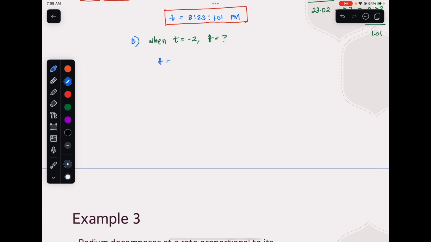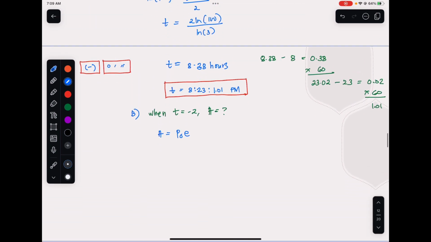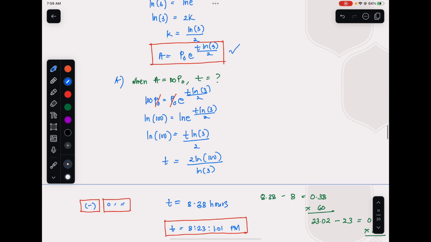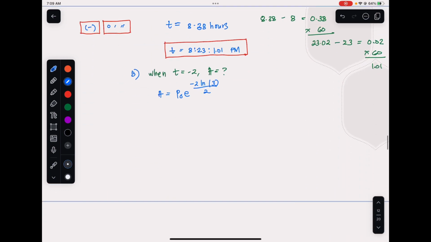So A then would be equal to P0 e raised to -2 for the time, then ln of 3 divided by 2. So this formula, t ln 3 divided by 2.